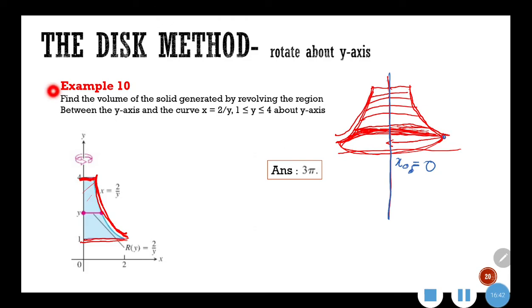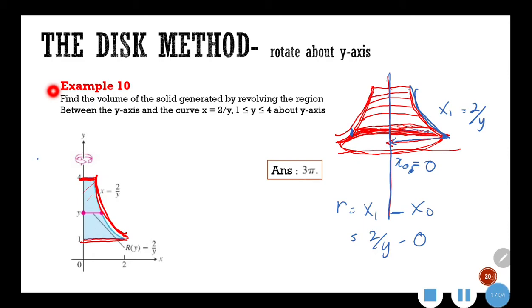And this curve, let's say x1 is equal to 2 over y. So the radius for each slice, r, is equal to x1 minus x0, where x1 is 2 over y minus x0 is 0.